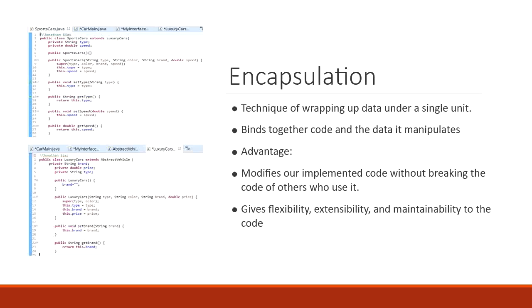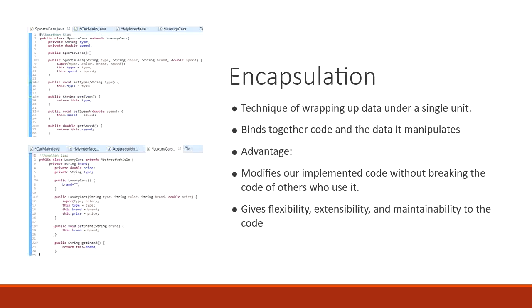Encapsulation is a technique of wrapping the data and code under a single unit. In this concept, the variables of a class are always hidden from other classes. The user will not be able to know what is going on behind the scenes since it's set to private.